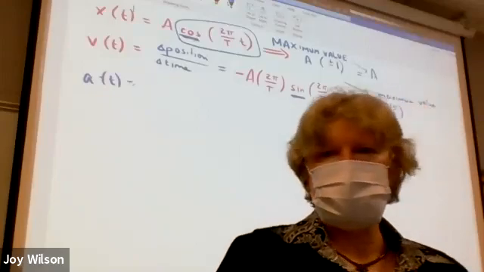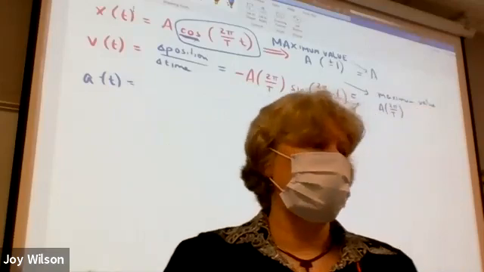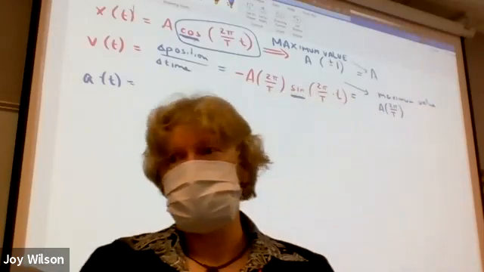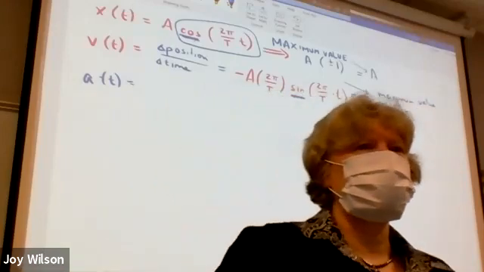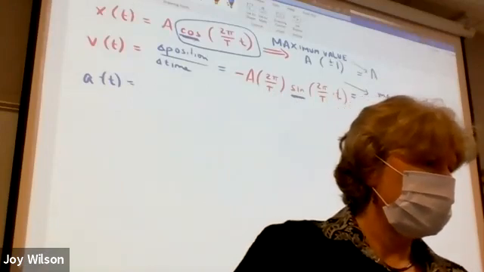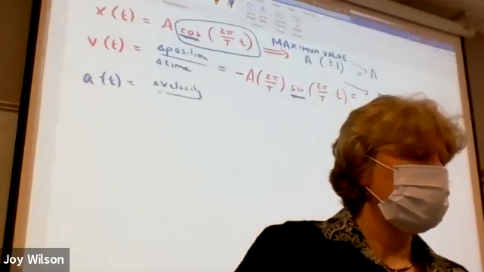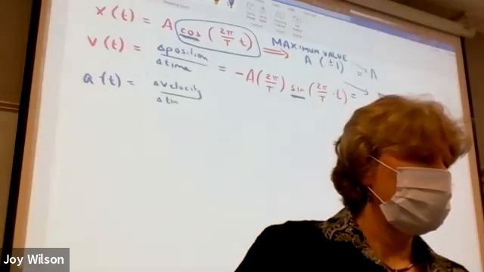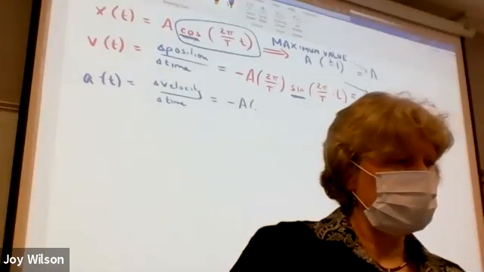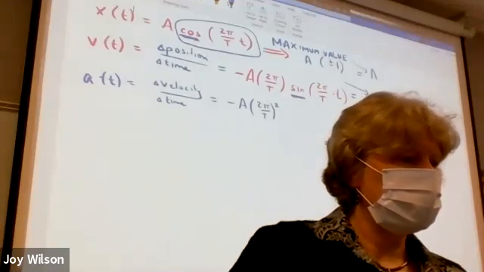And for those of you keeping score at home, what do you suppose that our acceleration function is going to be? Hey, it's a derivative too, because it's changing velocity over change in time. We get negative a pi over t squared.